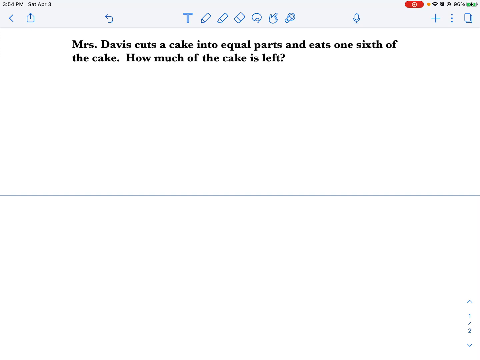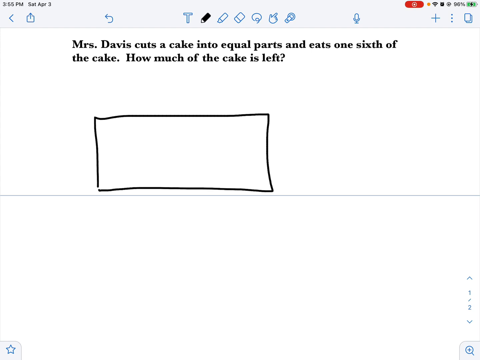I took a cake, and let's just imagine the cake as a sheet cake, a pan, okay? Though you could think of it as a circle, so maybe I'll model both. And it says I eat 1/6 of the cake. Here's the key. This tells you right here what unit we're talking about. We're talking about sixths. So how many parts should I break my cake into?